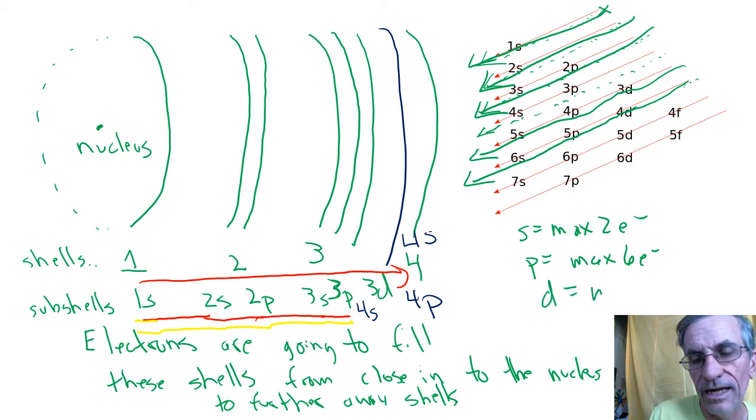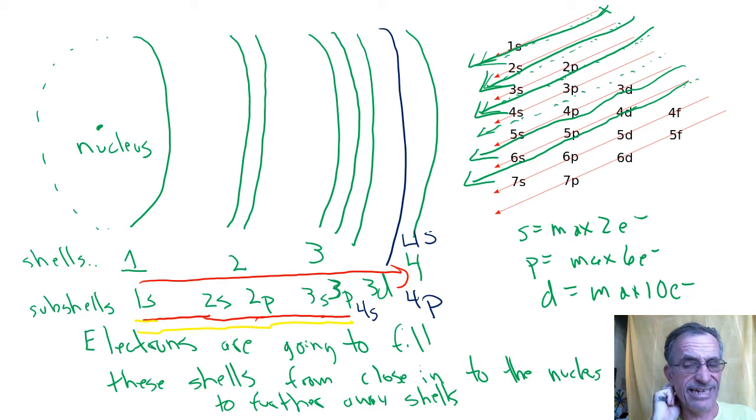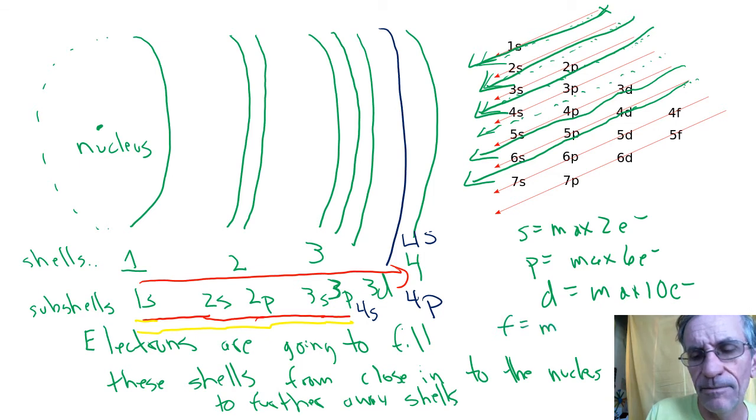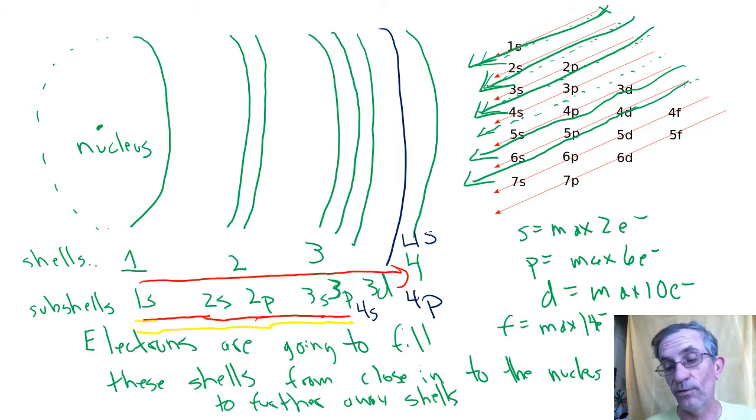D's hold a maximum of 10 electrons. I don't know if we'll ever get to this, but if we ever have to use an f, it holds a maximum of 14 electrons. So when one level is full, you move to the next level. When it's full, you move to the next one. And again, these are really called shells or subshells. When one subshell is full, you move to the next subshell, and you keep on going until you've put in all the electrons.